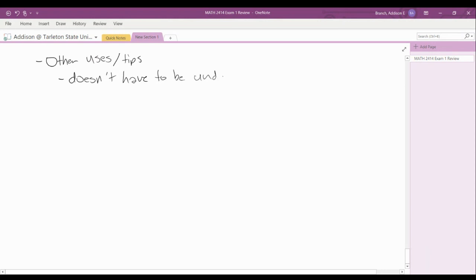Like if you want to try solving the inverse tangent integral, you can solve the inverse tangent integral by doing a trig sub, and that one's not under a radical, but you can use that process to get you the answer.